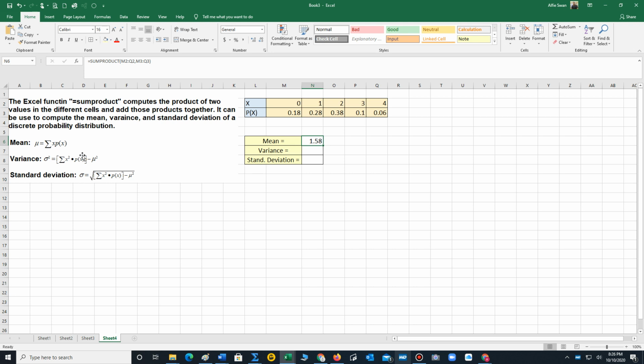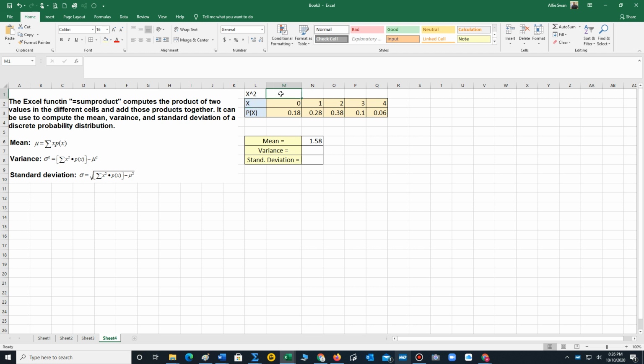Sum those products and then subtract the mean squared. Before we begin the process of computing the variance, we should compute the squares of each outcome.